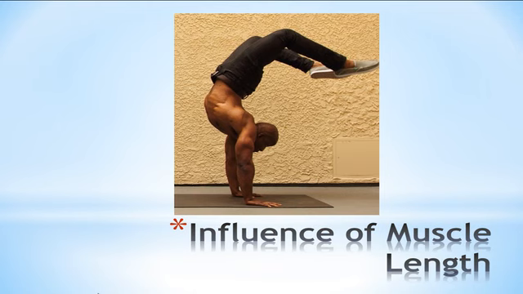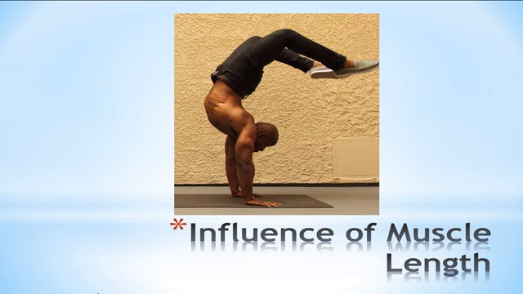So when we look at muscles across multiple joints, we have to take into account that a muscle can become actively insufficient or passively insufficient, or if a muscle is being lengthened at one end and shortened at the other end, we may be maintaining an optimal length-tension.